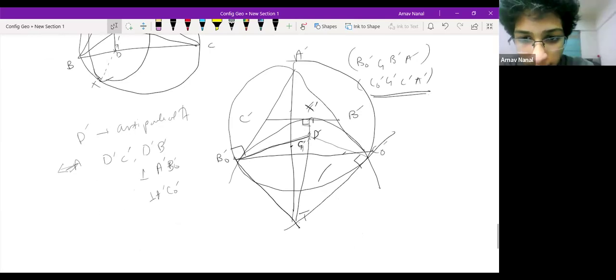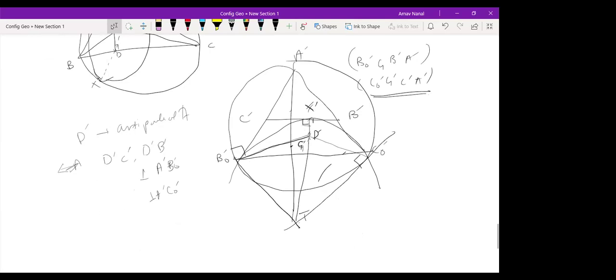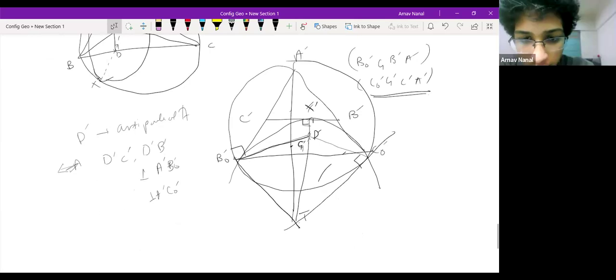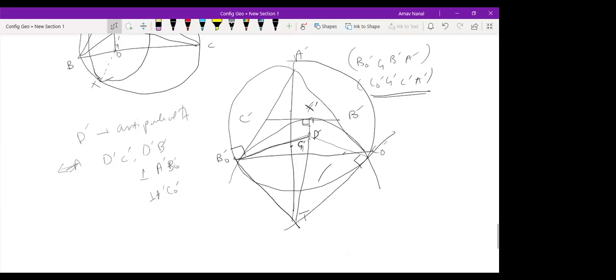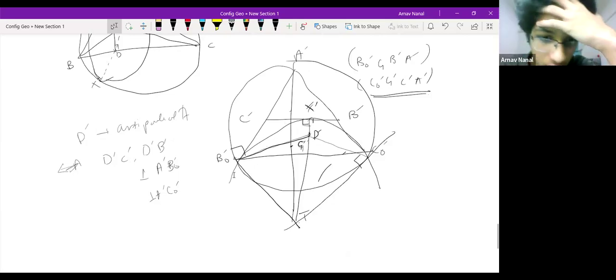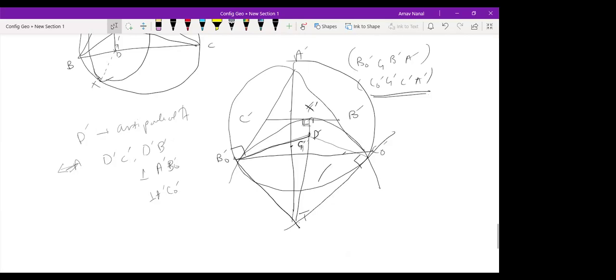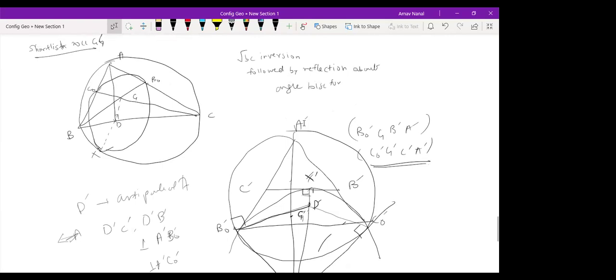And then since D dash B dash and D dash C dash are 90 degrees, by Simpson line, X dash should also be collinear with those two, and we are done. Oh no, but X dash we are referring to is the circle passing through B naught dash, C naught dash, which is tangent to B dash C dash. Okay, sorry, I think I made a mistake in the definitions.